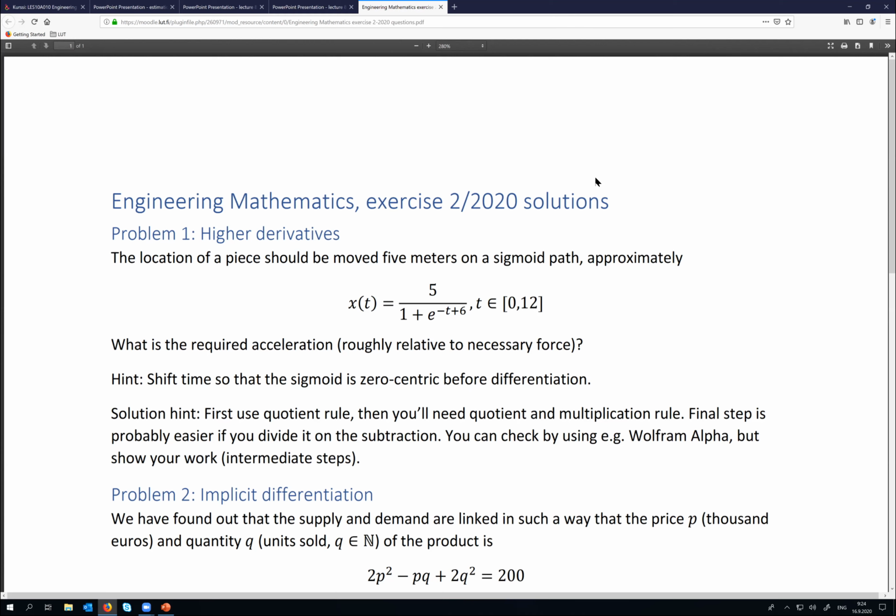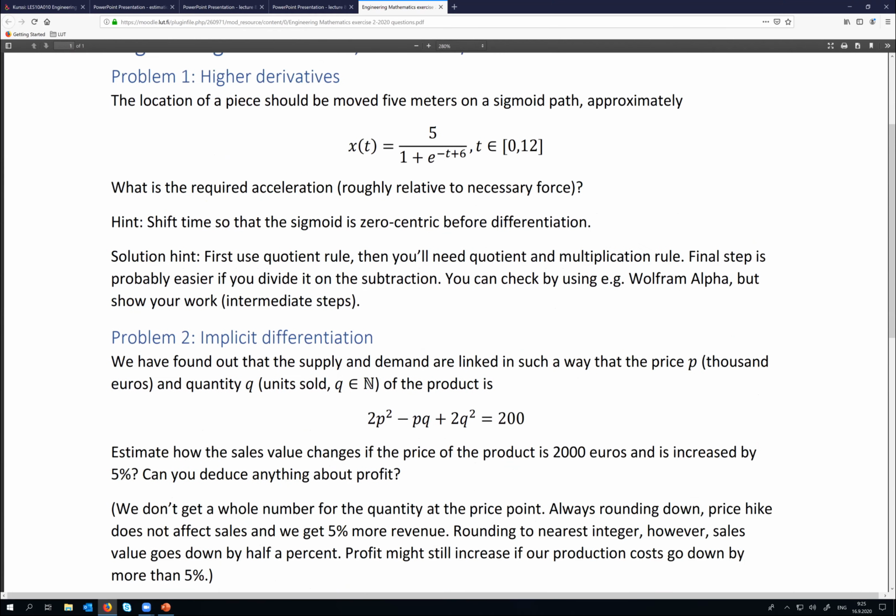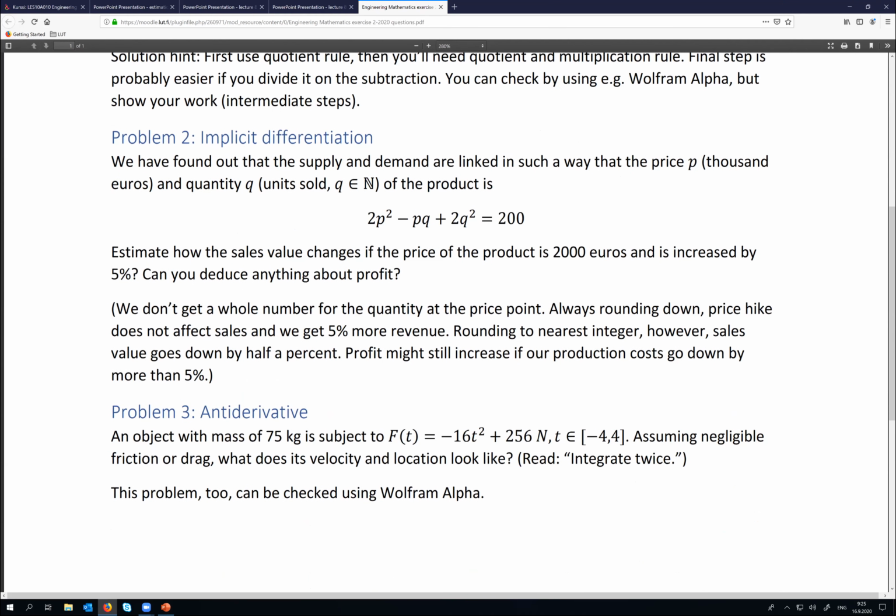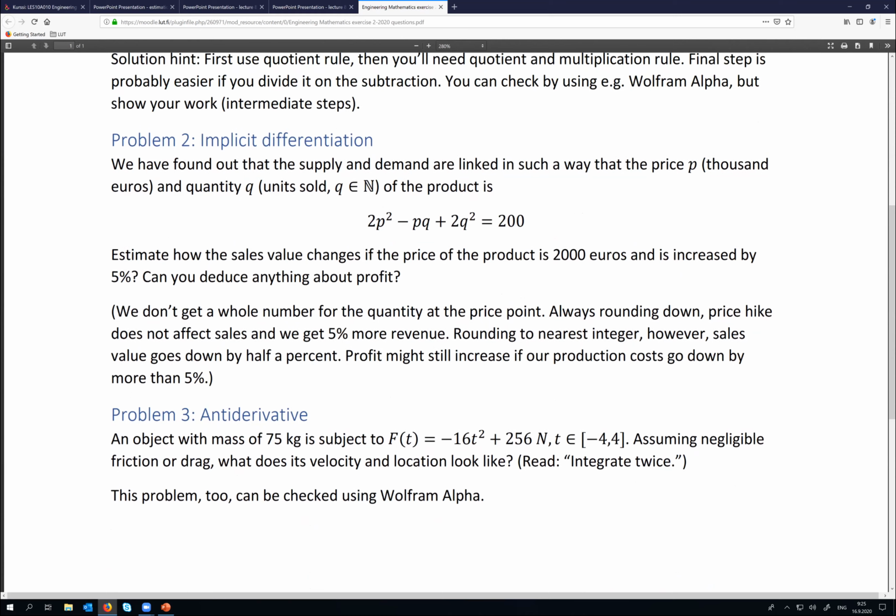And something that is usually for engineering management people, but is useful to understand for all engineers, is supply and demand. Typically we get these kind of cross effects when we try to model supply and demand. So if P is the price and Q is the quantity of products sold, we're getting something like that shape.